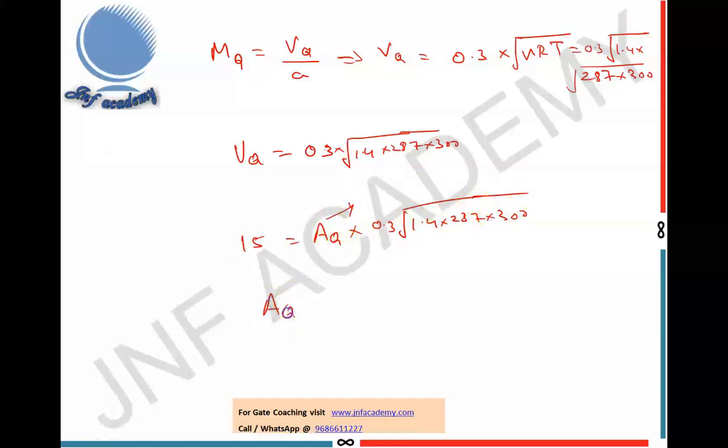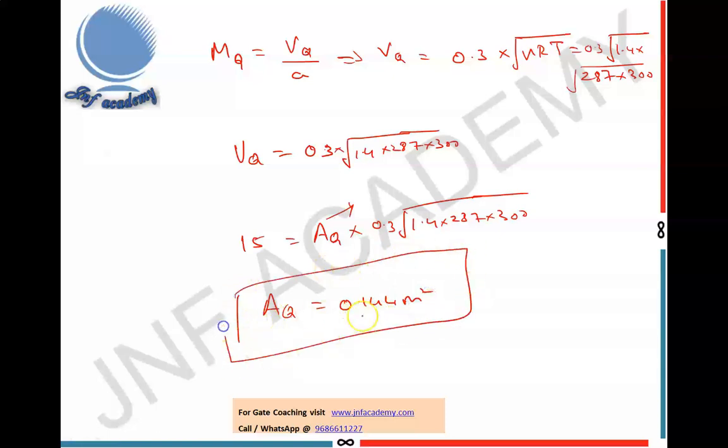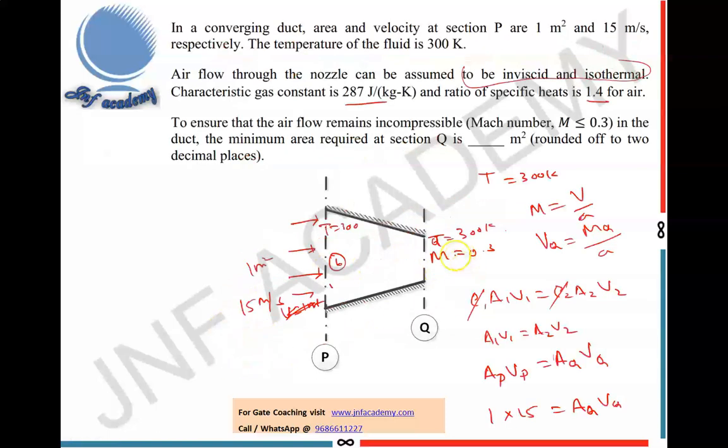If you solve for that, the minimum area, at least the area has to be this much, which is 0.144 meter square. So at least the area has to be 0.144 meter square so that the Mach number will not exceed 0.3.